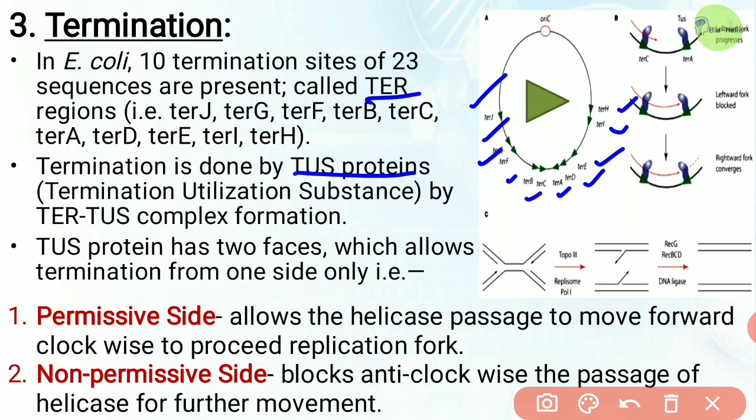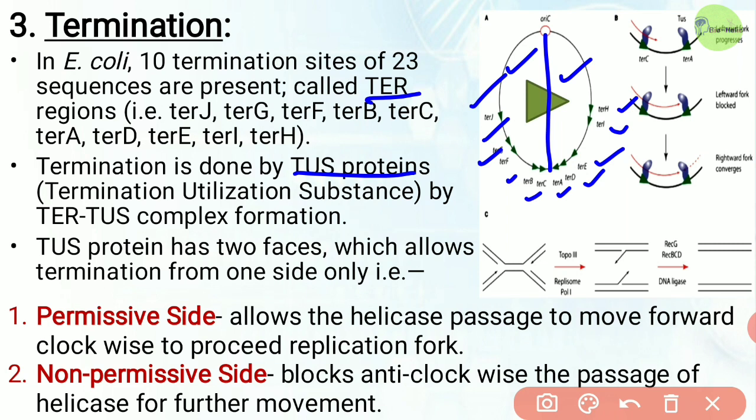And during termination, the Tus protein forms the TER-Tus complex by binding with each TER region. And this Tus protein has mainly two faces: the permissive side and the non-permissive side.